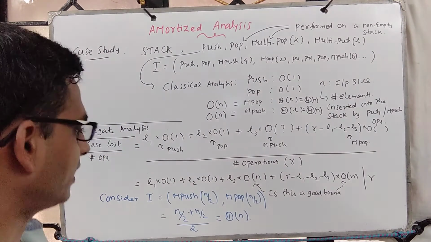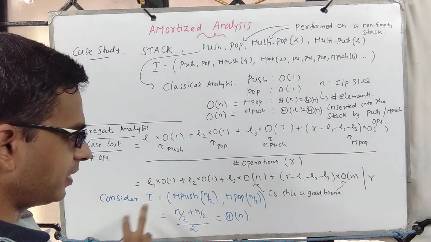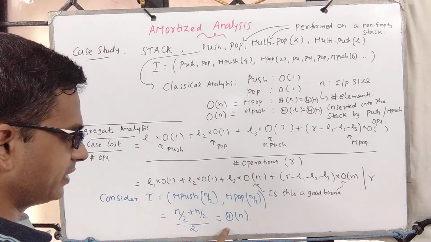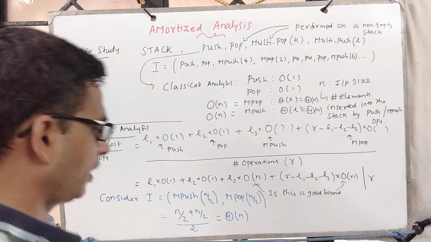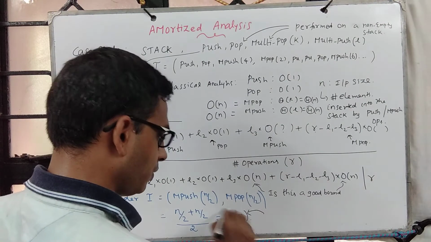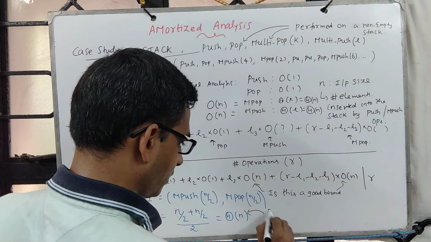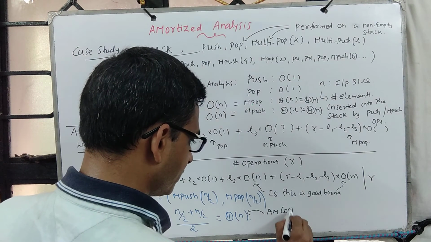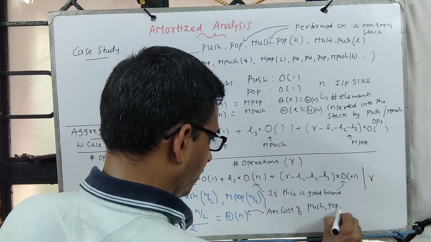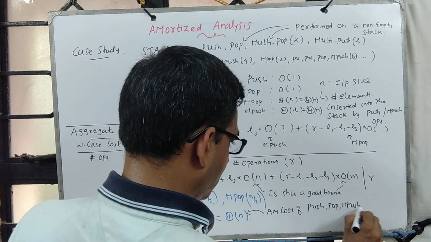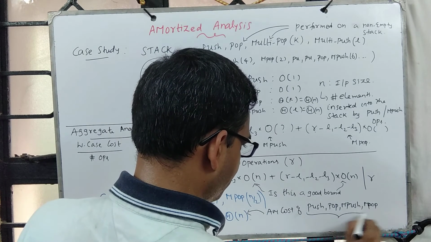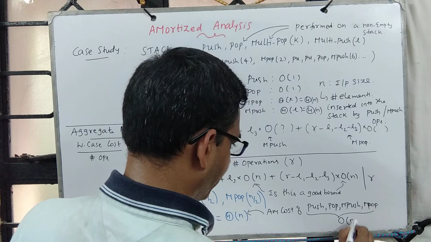So that shows that there are input sequences, for example, here is one, for which amortized cost is this. And aggregate analysis says you simply assign this to all operations. So the amortized cost of push, pop, multi-push and multi-pop, for all of them, is order n.